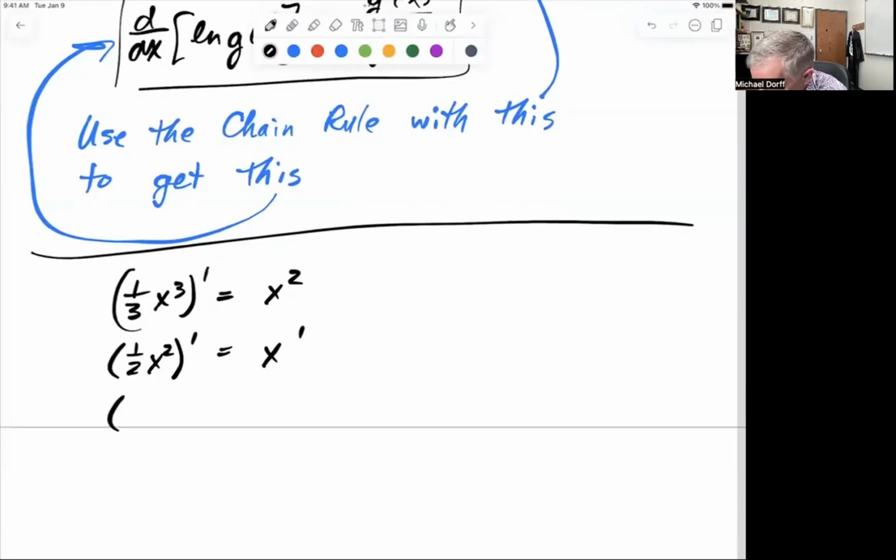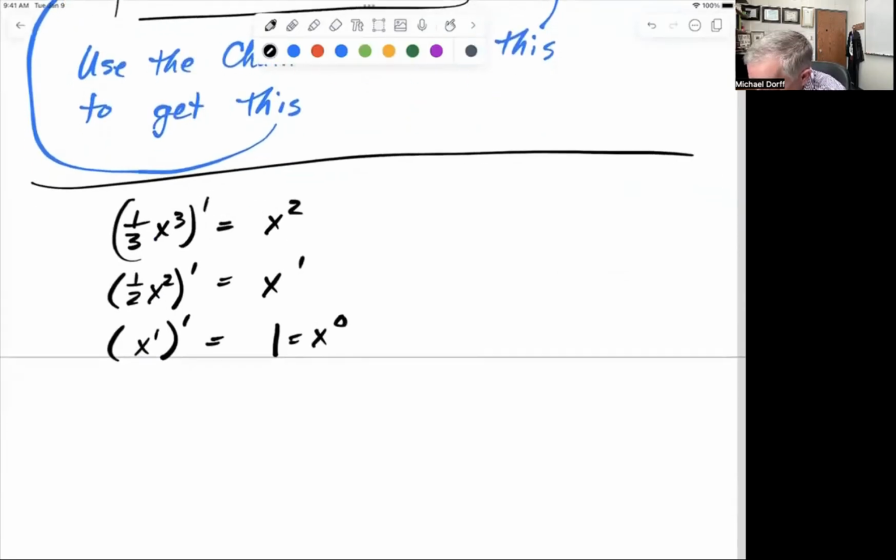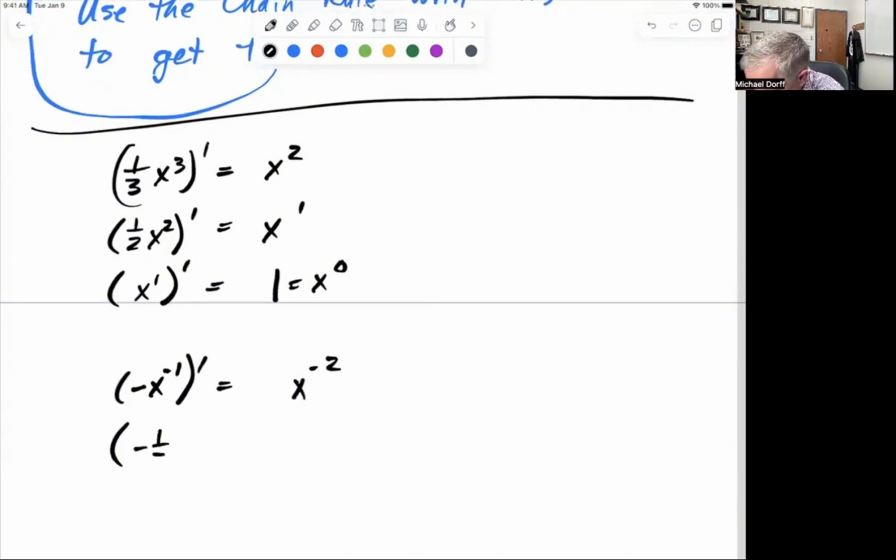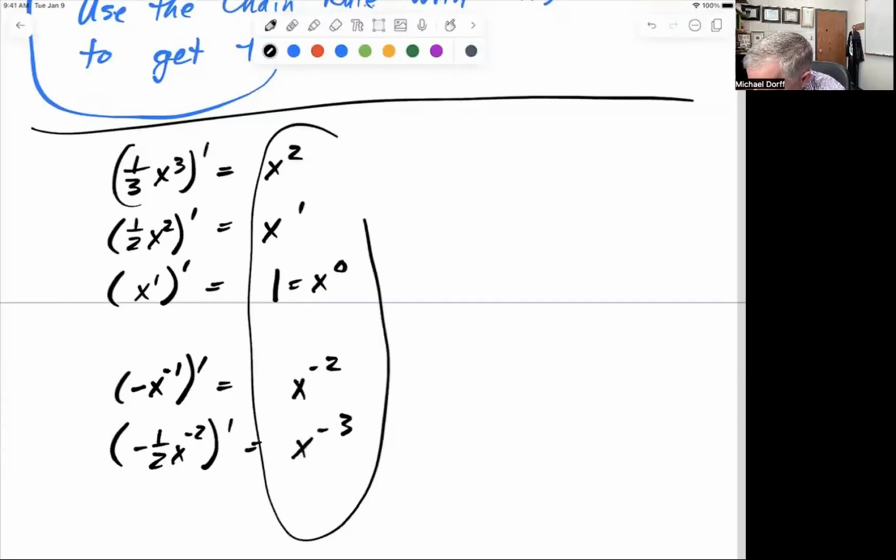And if I did x to the first and took its derivative, I'd get 1, which is the same thing as x to the 0. And if I did negative x to the negative 1 and took its derivative, I'd get x to the negative 2. And if I did negative 1/2 x to the negative 2, the derivative, I would get x to the negative 3. And there's a nice pattern here on the right side, except we're missing something. We're missing x to the negative 1, which is 1 over x.